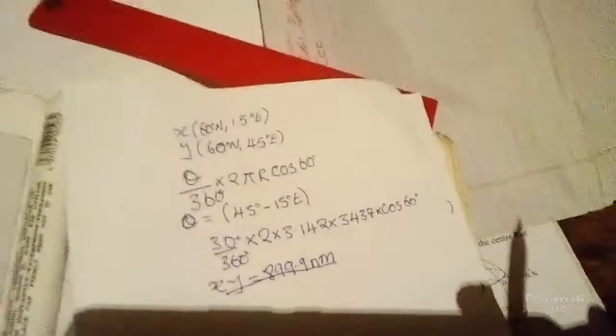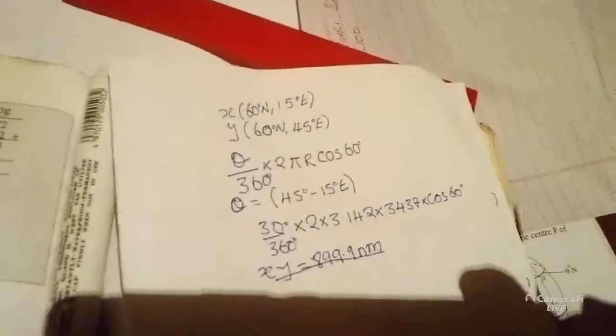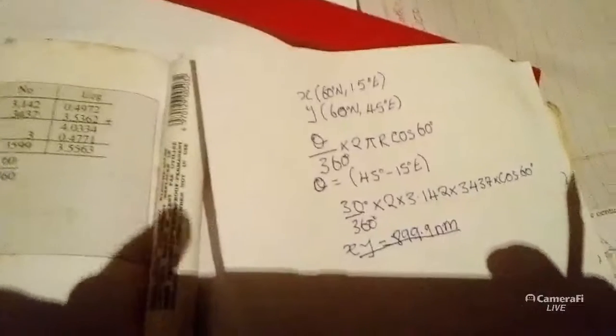Please, when you're calculating distances on the same latitude, you apply the cos. But when you are calculating distances between different latitudes, we don't apply the cos.